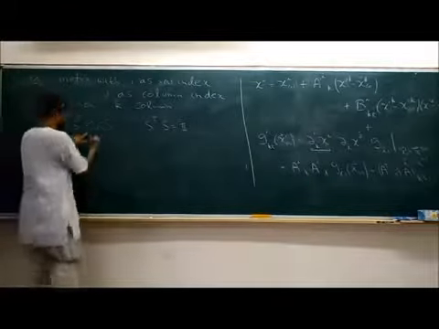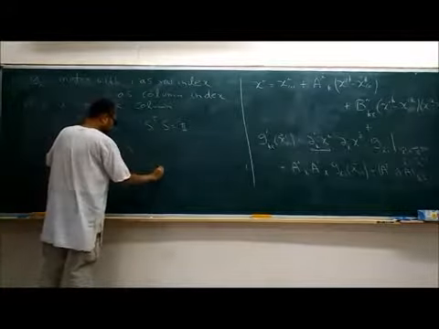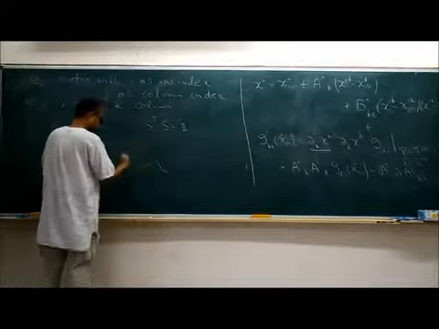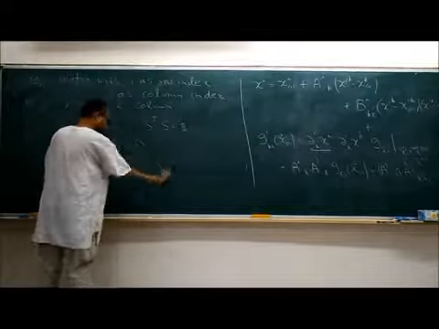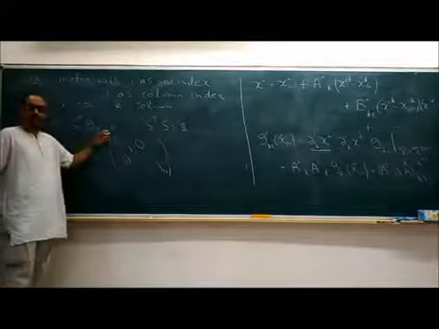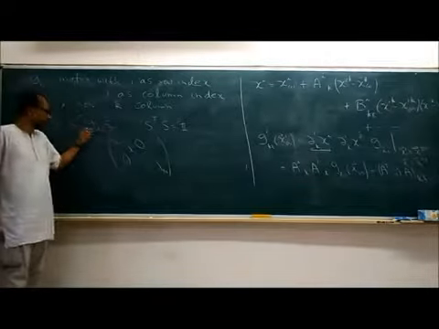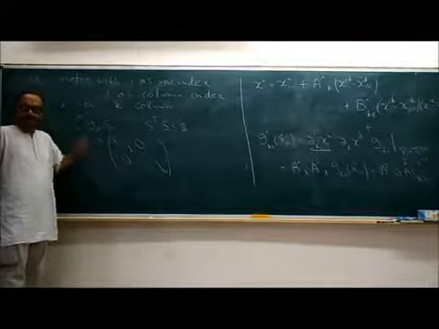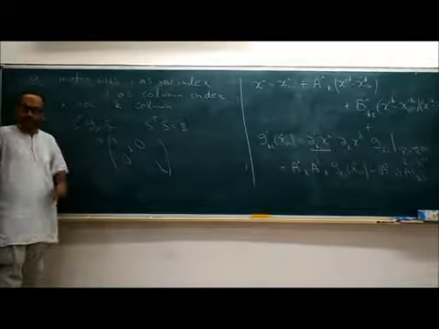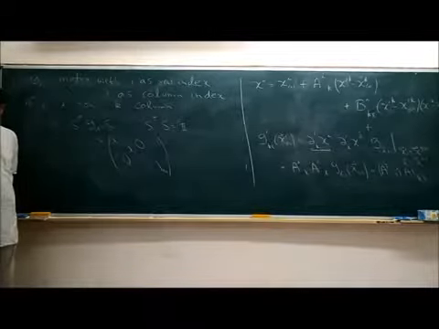G_D has the form lambda 1, lambda 2, up to lambda n, and the rest are all zeros. So in other words, you can always find an S with this property, so that S transpose G S is equal to G_D. G_D is the diagonal matrix. Is this point clear?